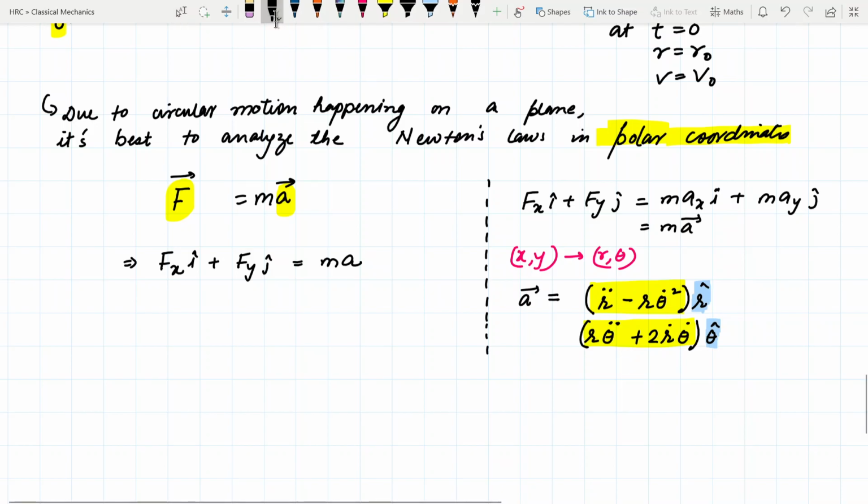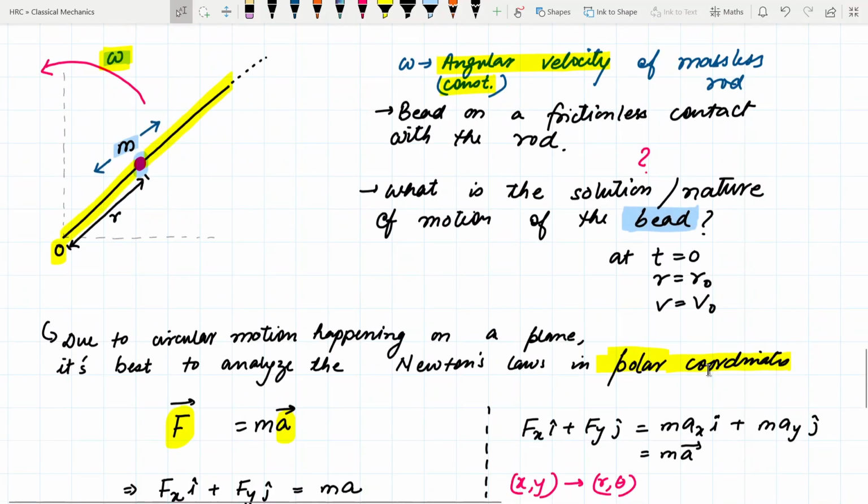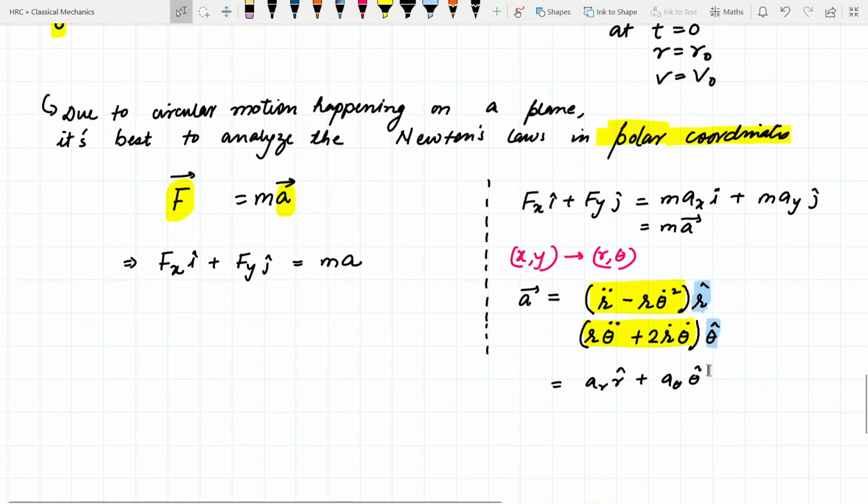So now, this is nothing but a_r r cap plus a_theta theta cap. So the point is, I can solve Newton's second law either in xy coordinates or in r theta coordinates or in any other coordinate system. It's just that I have to write the components in that manner. So this is for xy coordinates.